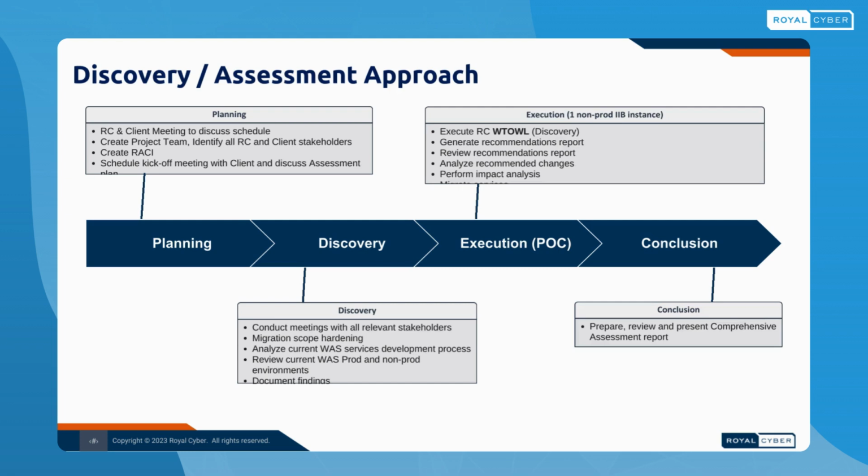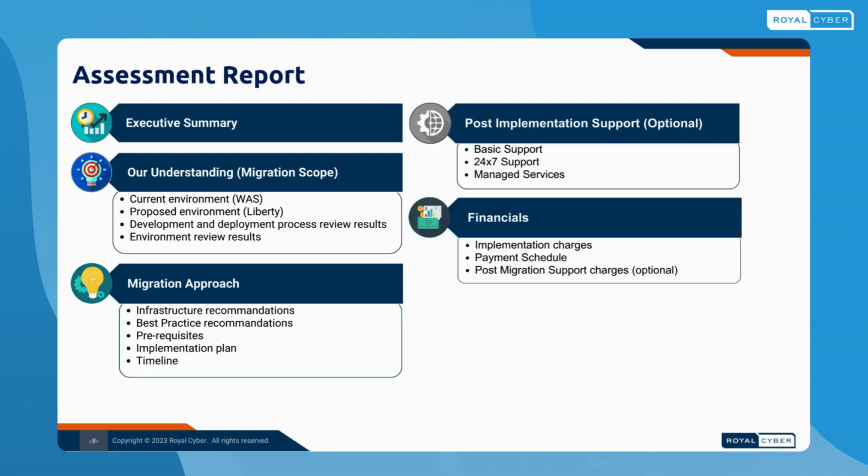In execution, we run the WWOL tool, review recommendations, migrate and test services, and create a Liberty migration plan. Finally, in conclusion, we prepare and present a clear, comprehensive assessment report. Analysis results in a clear report showing the current WAS setup, proposed Liberty architecture, and recommendations for development and deployment.